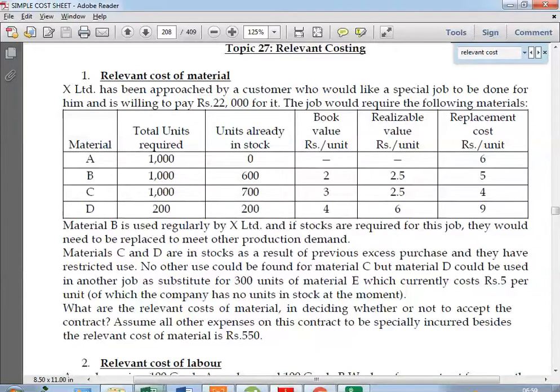Material B is a fast moving item, and hence for the in stock portion, the relevant cost will continue to be replacement cost.